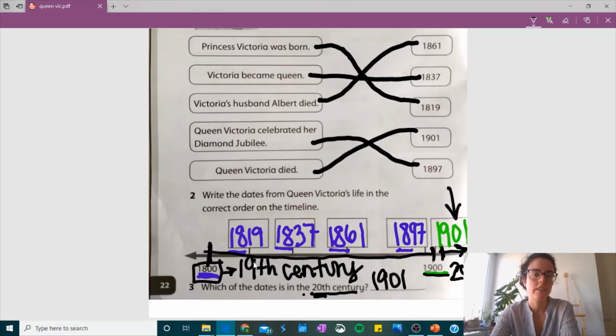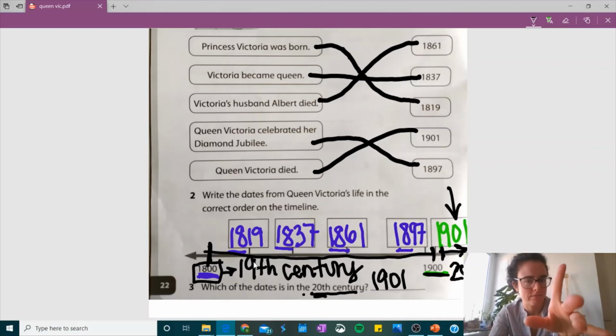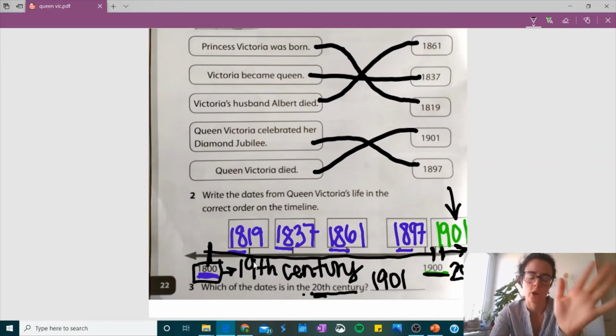Oh, except Miss Gia can say that, because I was born in the 20th century, but now it is the 21st century. Because I was born in the 1900s, not early, not like when Queen Victoria died. No, much later. But that's still the 20th century.